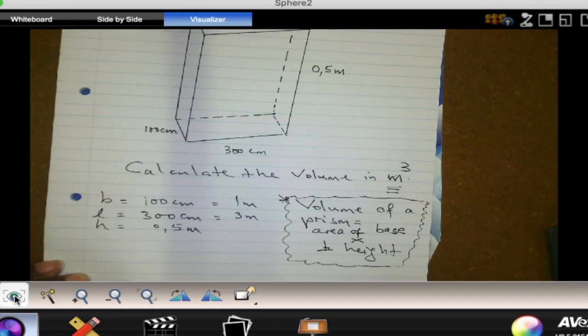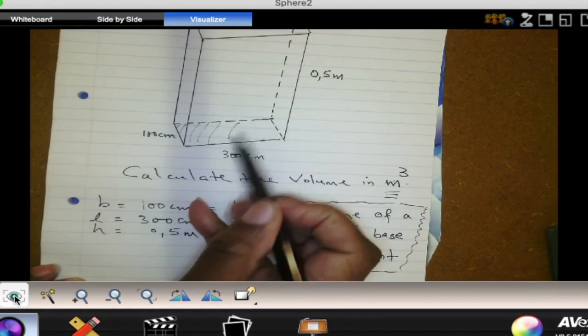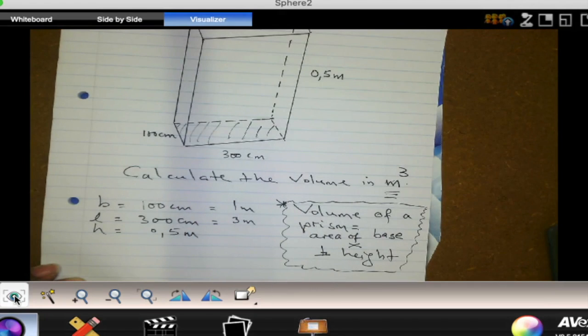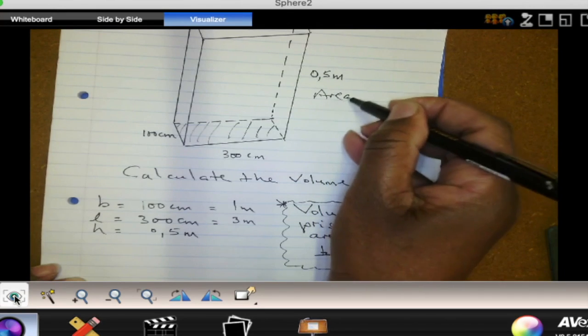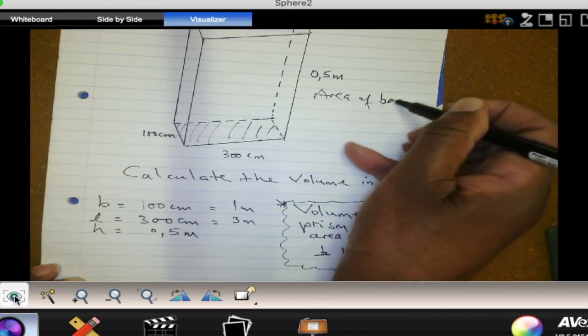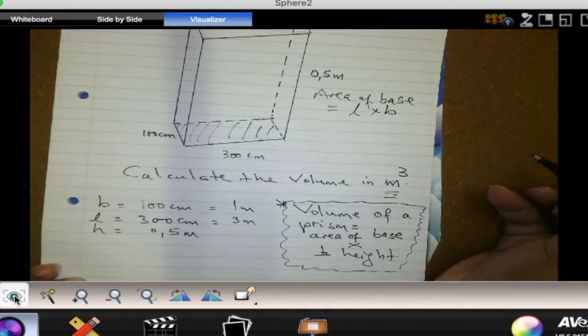If you look at our diagram here, let's use this as our base. So that is our base there. And our base is rectangular, which is why we call it a rectangular based prism. So how do we work out the area of that base?